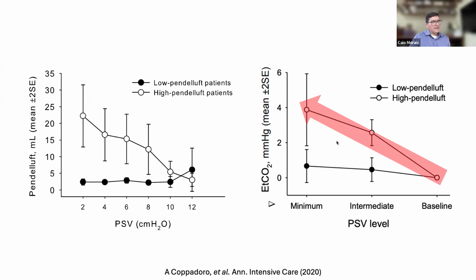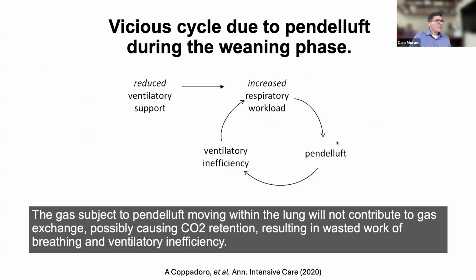And there is a very interesting rationale in this paper. When we have a patient during the weaning process that presents pendelluft, and consequently the CO2 increases, it is because we have gas that we can consider a non-efficient movement of gas.